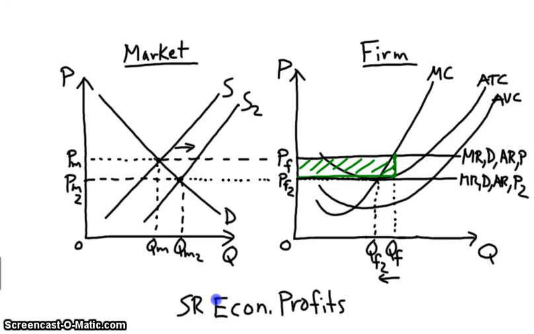Now, one of the things that I probably should mention here too is that this is true for what is sometimes referred to as a constant cost industry. So in a constant cost industry, there is no effect on the cost curves to the firm. Costs do not change even when new firms enter the market. That is in contrast to the situation if this had been an increasing cost industry.